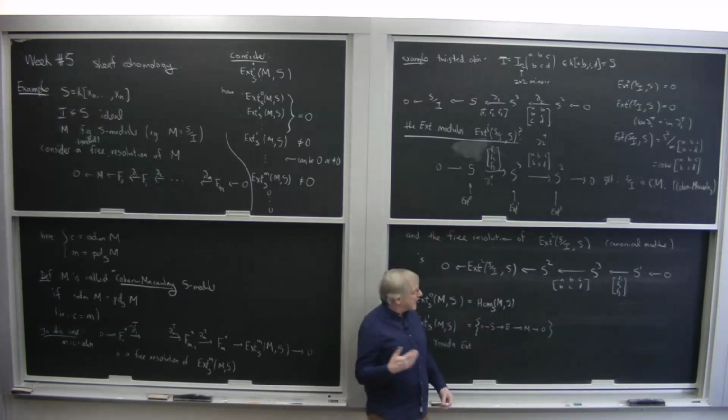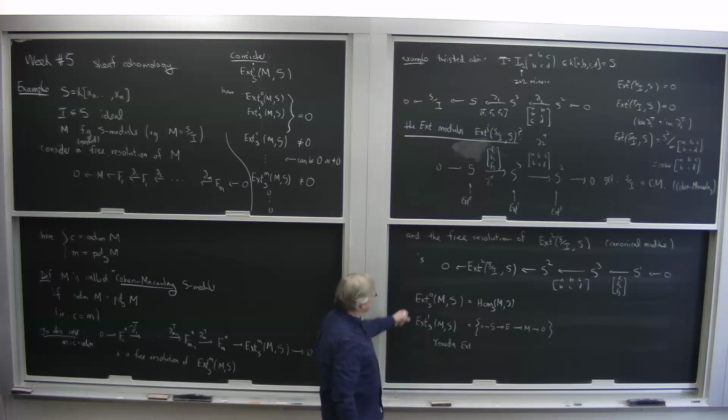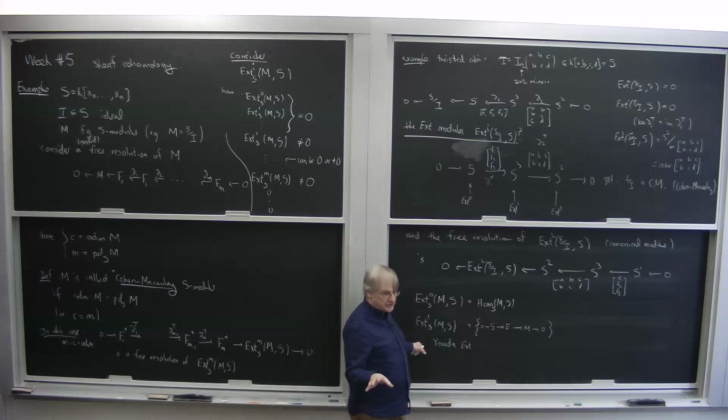I could give a course on Ext, but we can't do it all. Ext has lots of different interpretations. We're seeing one that relates to invariants of S mod I, of the variety. We also can use it for construction.